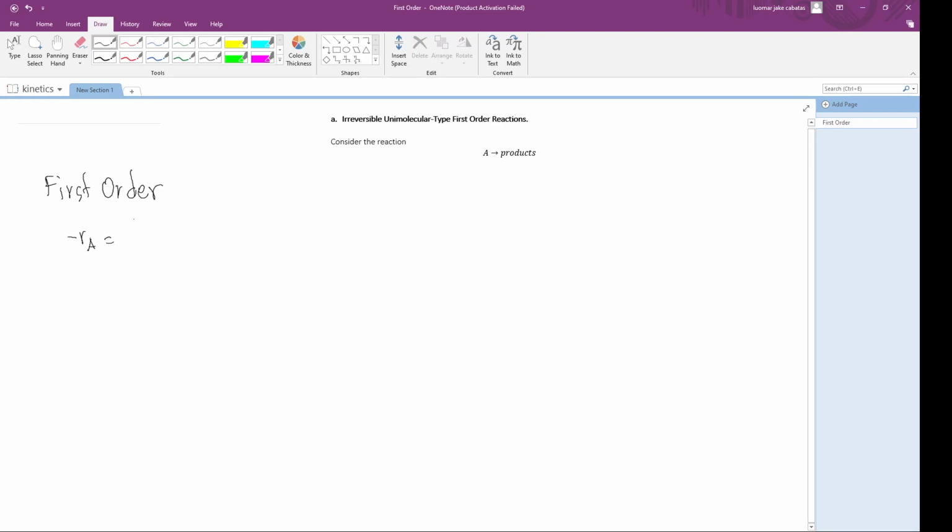We have dCA over dt, negative because of disappearance, and since the reaction is first order, it equals k CA. So, evaluating these two terms, we have negative dCA over dt is equals to kCA.